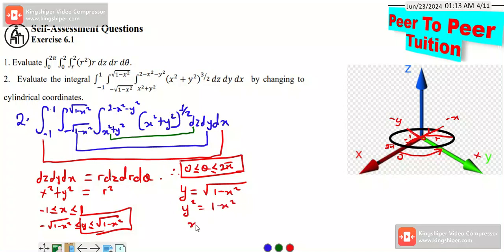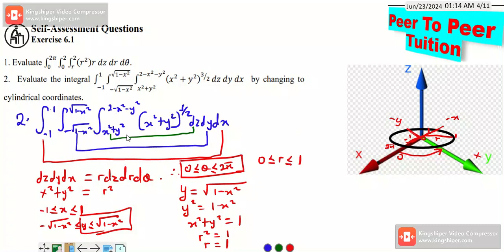By grouping like terms, x squared plus y squared is equal to 1. But x squared plus y squared is r squared, which should be equal to 1. Therefore, r should be equal to 1. But remember, r starts from 0 and ends at 1. Therefore, the range of r is 0 less than or equal to r, less than or equal to 1.